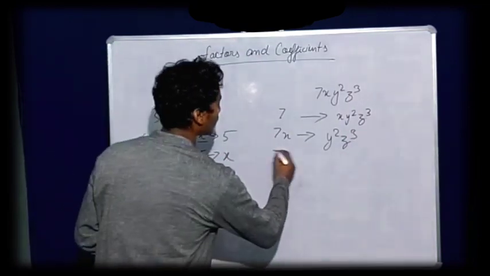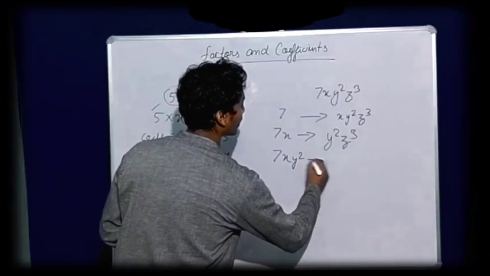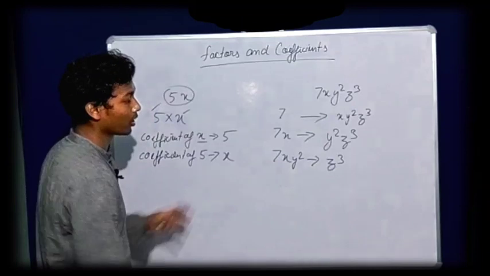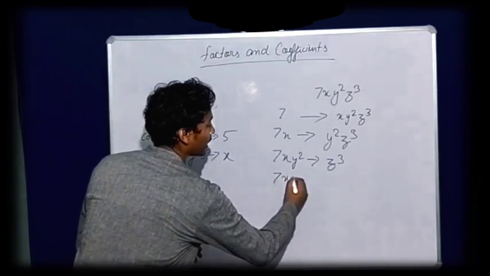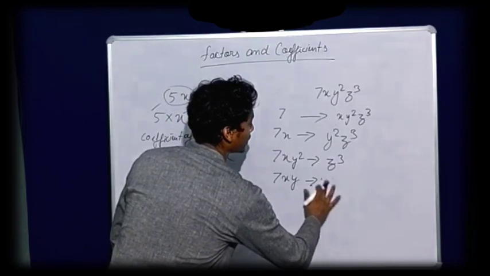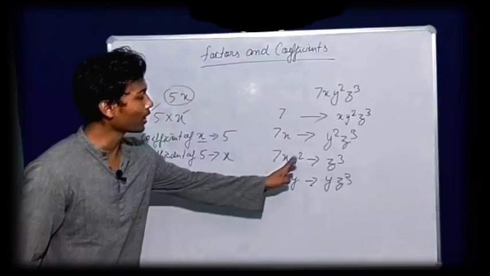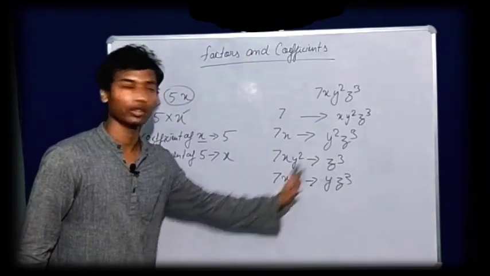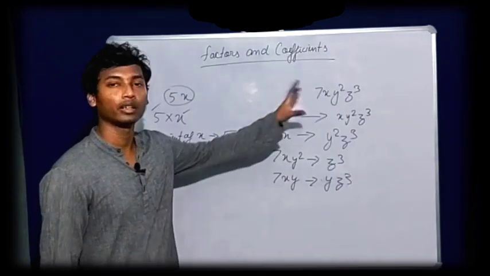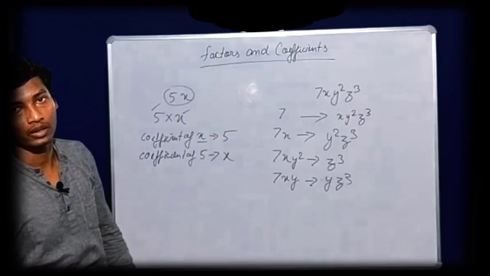If I ask you what is the coefficient of 7x y square, it will be z cube. Or if I ask you what is the coefficient of 7xy, then you'll say y z cube. So here y square, so one y is here, the other y is there. So each factor of the term is a coefficient of the remaining factors.